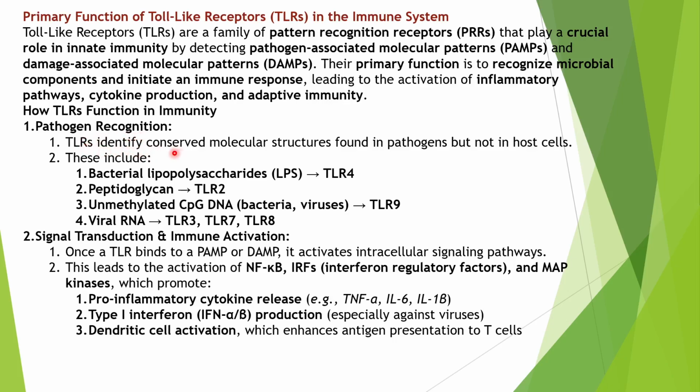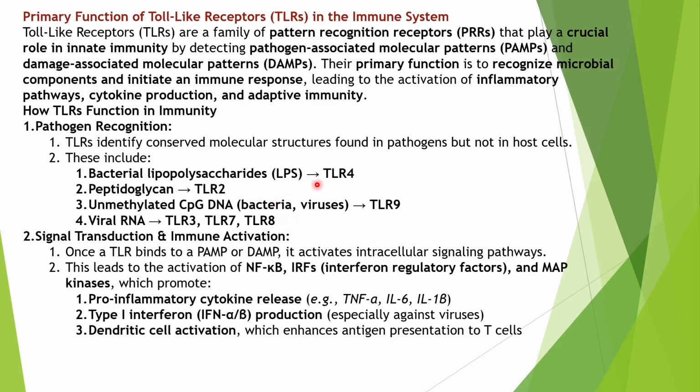So TLRs identify conserved molecular structures found on pathogens but not in host cells. So these are your pathogen associated molecular patterns, that is your PAMPs. These include your bacterial lipopolysaccharides, that is your LPS layer, and specific PAMPs are detected by specific TLRs.